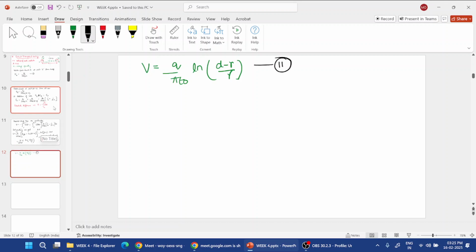Now, as I have already told you, d is very much greater than r, so we can say here d−r is generally equal to d.